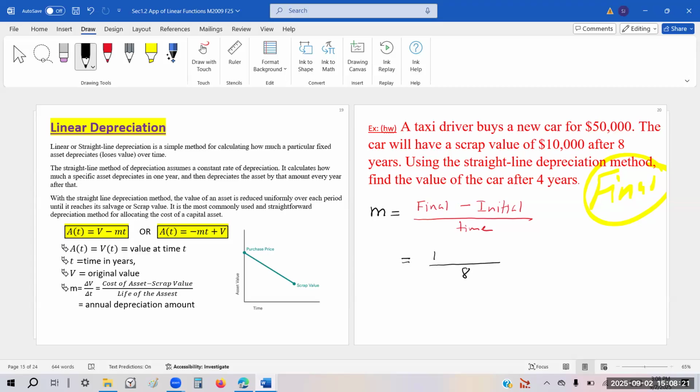After 8 years, the car becomes $10,000. And what's the initial price? 50,000. So what do you get here? 10,000 minus 50,000. The final amount, or we call it the scrap value.